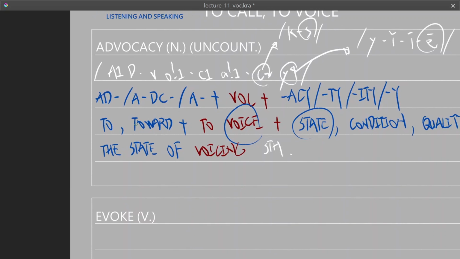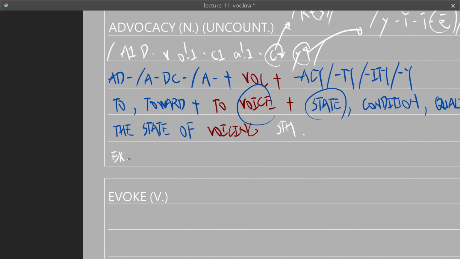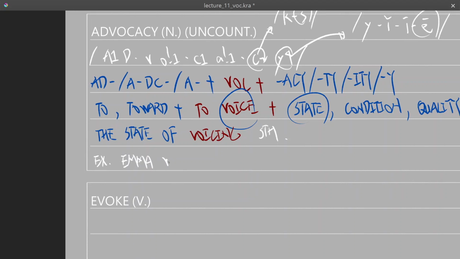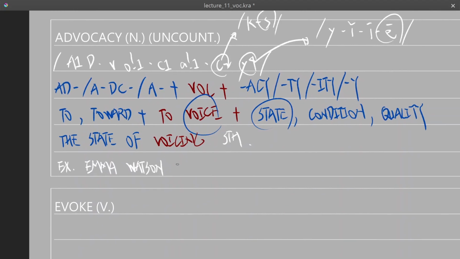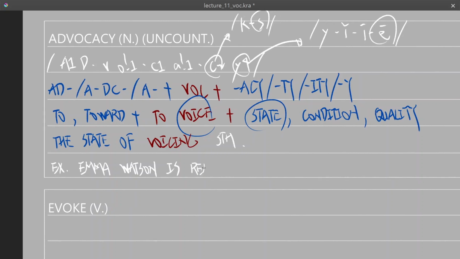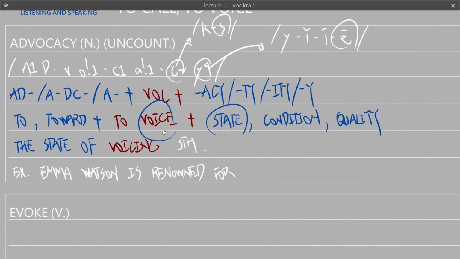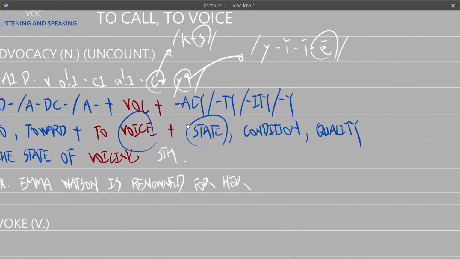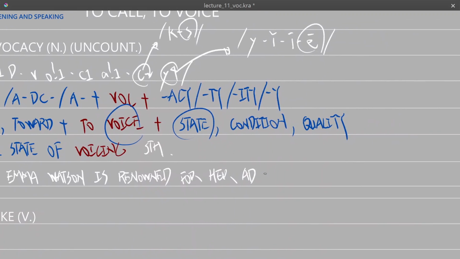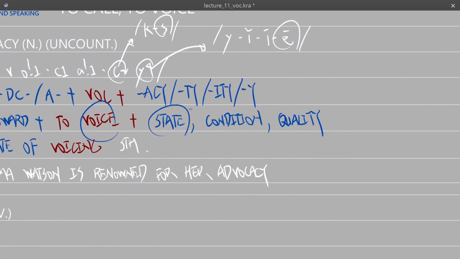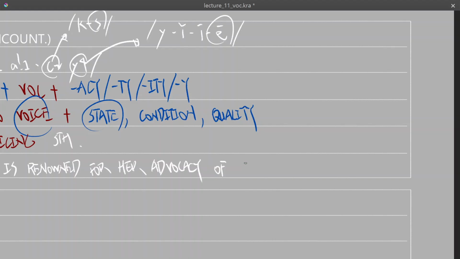So advocacy, for example, let's say Emma Watson is renowned for her advocacy of gender equality.